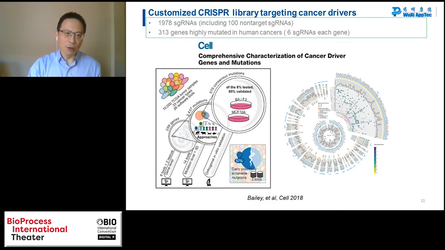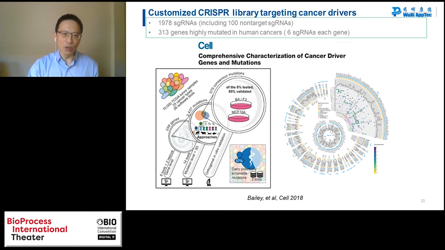For in vivo CRISPR screening, we cannot use whole genome libraries because we have to have sufficient guide coverage. We typically start with at least 500 times coverage of each guide in the initial samples.